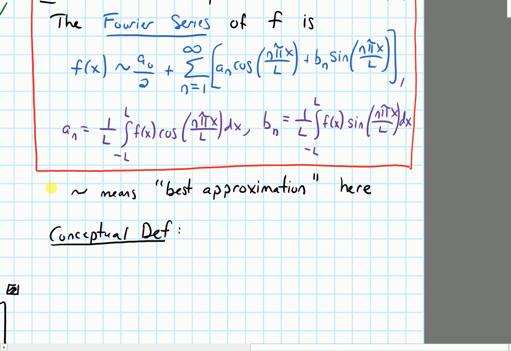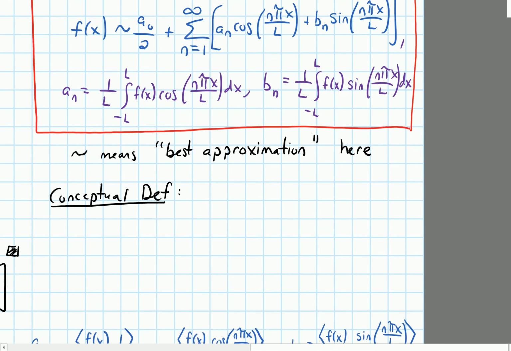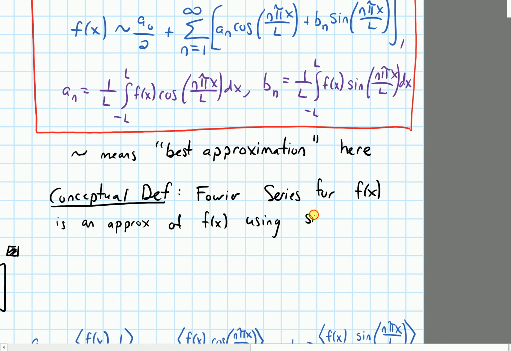I think it's also helpful to see a more conceptual definition. So the conceptual definition is: a Fourier series for a function f of x is an approximation of f of x using sines and cosines. Specifically, what it actually is, it's a projection.